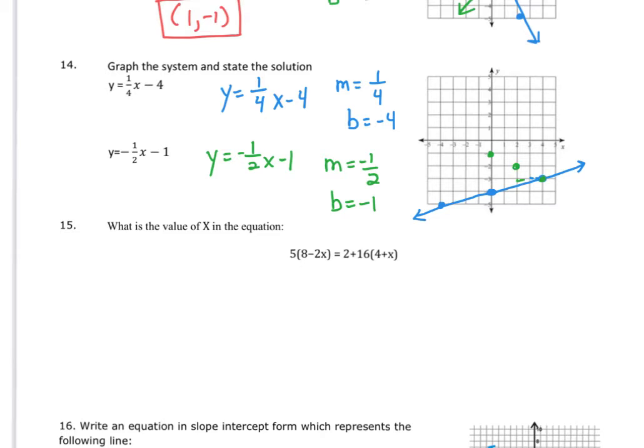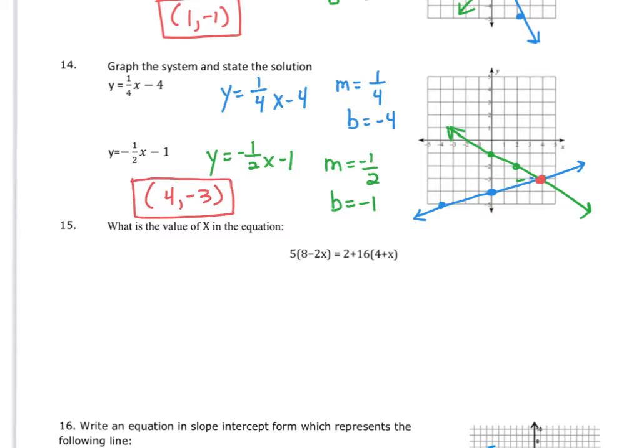It's going to look something like this. The solution to my system is where my two lines intersect right here. It looks like that point is 4, negative 3.